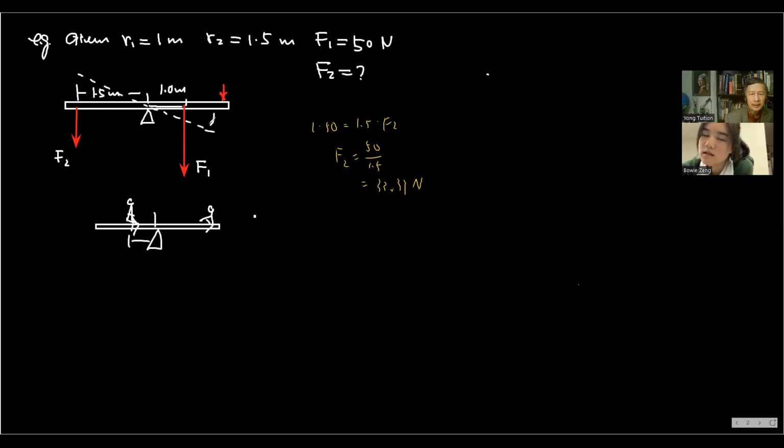That is why the direction is determined, in this case push down. The force determines which direction the seesaw will rotate. It's called rotation.